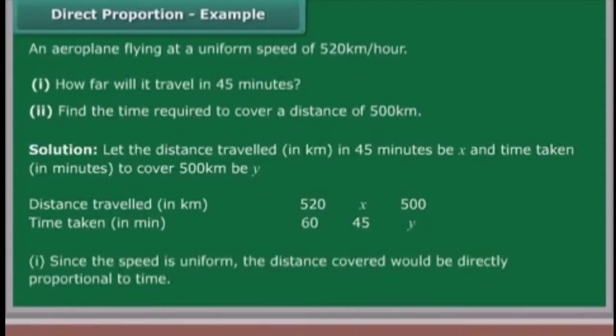Since the speed is uniform, the distance covered would be directly proportional to time. 520 upon 60 is equal to x upon 45. 52 into 45 upon 6 is equal to x. Therefore, x is equal to 390.